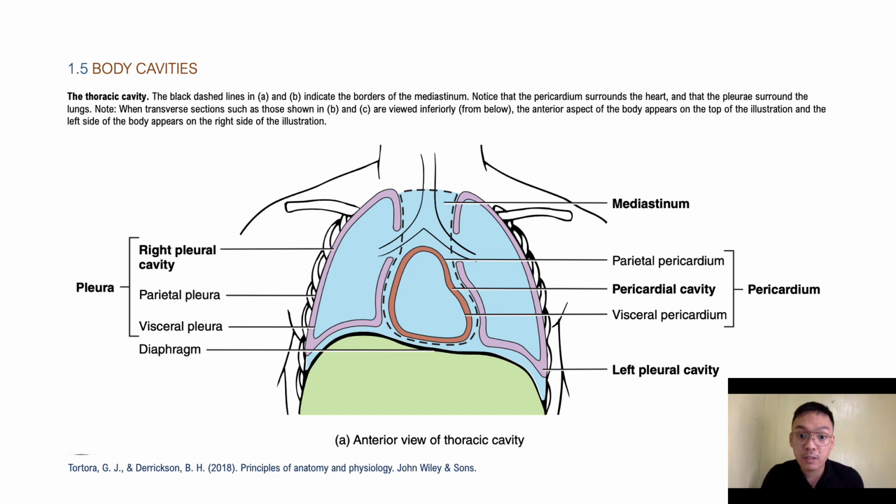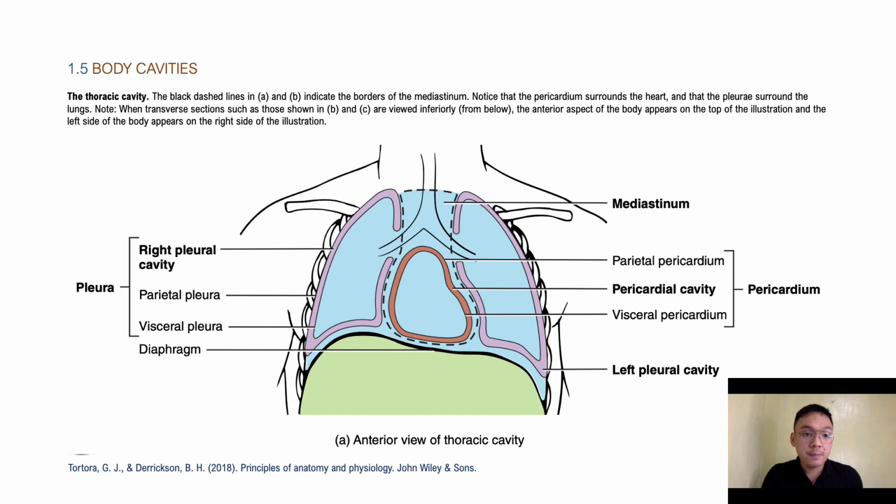Call it the pericardium. The pleura, okay, that refers to the lungs, the right pleural cavity in purple, the parietal pleura outside, the visceral pleura inside, and the muscle, the diaphragm, which is helping in inhalation and exhalation process.